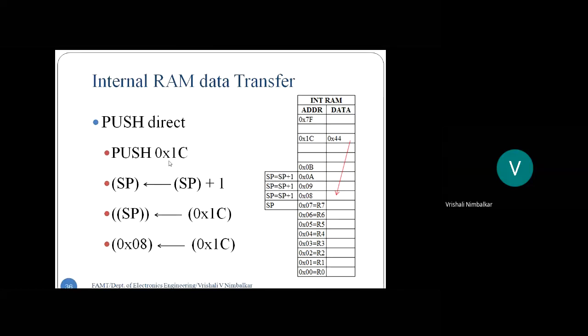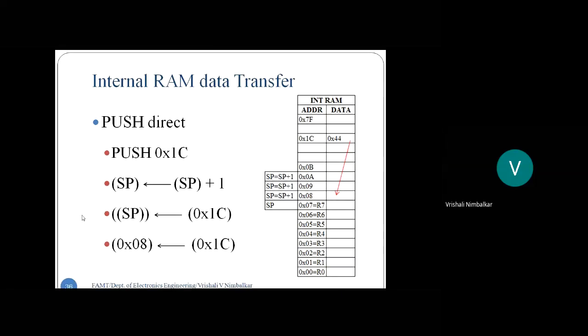Now see how it happens. While storing on stack, the stack pointer first increments by 1, gets a new location, and the data from 1C hex is then copied to the memory location pointed by the stack pointer.